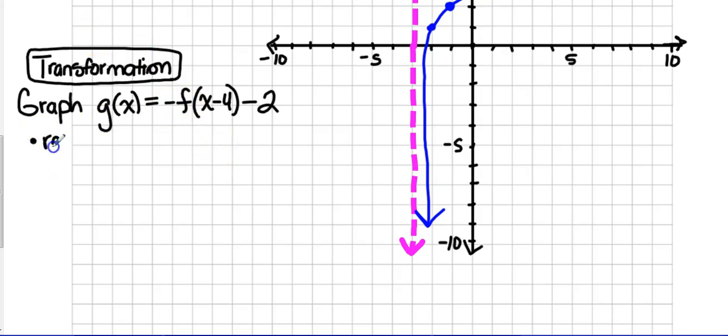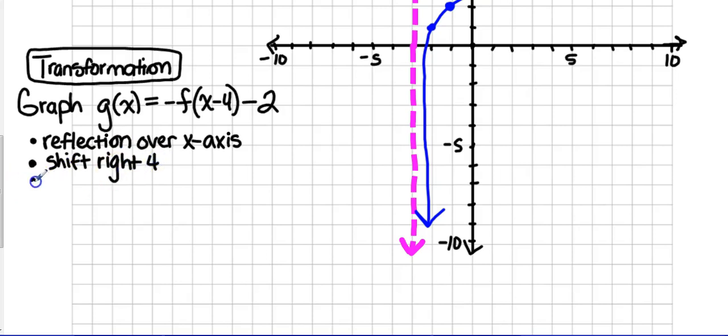Thinking back to our prior knowledge, is that a reflection over the x-axis or the y-axis? That is a reflection over the x-axis. Alright, moving on to the minus 4 on the inside. We know that that is a shift right 4. And last but not least, that minus 2 on the outside, that's a vertical shift down.